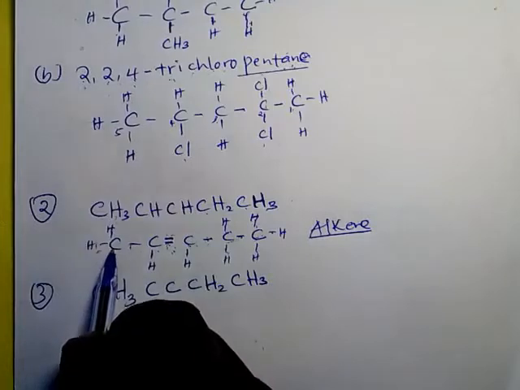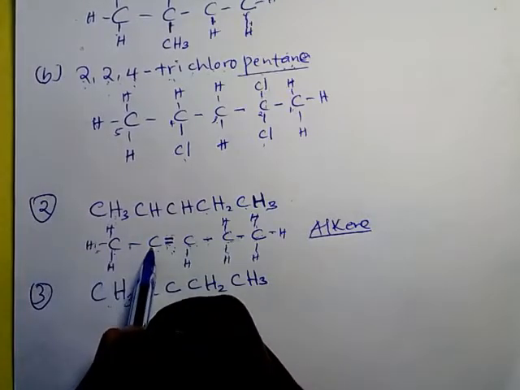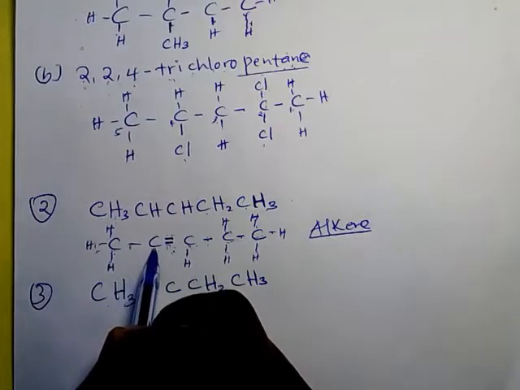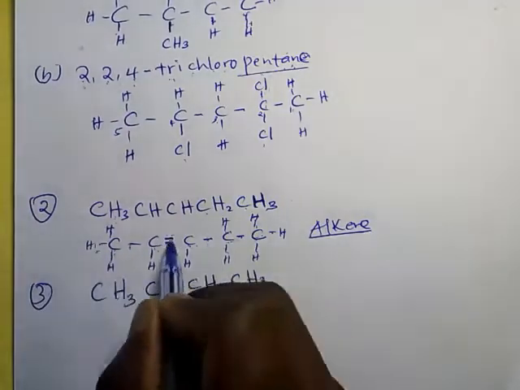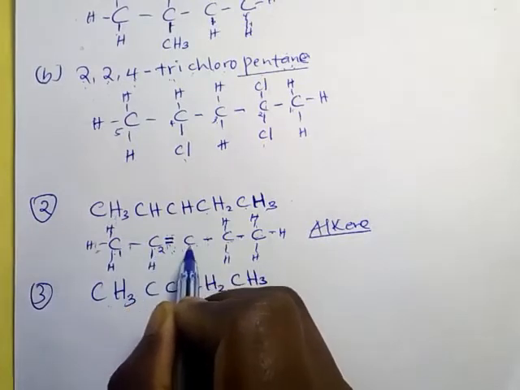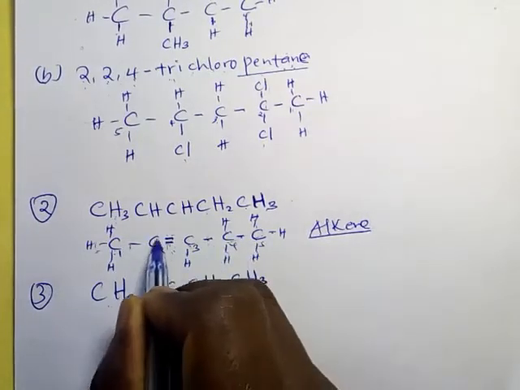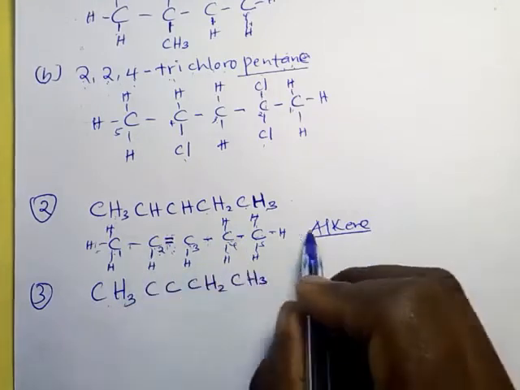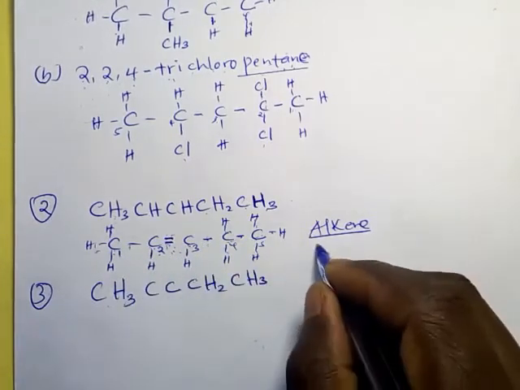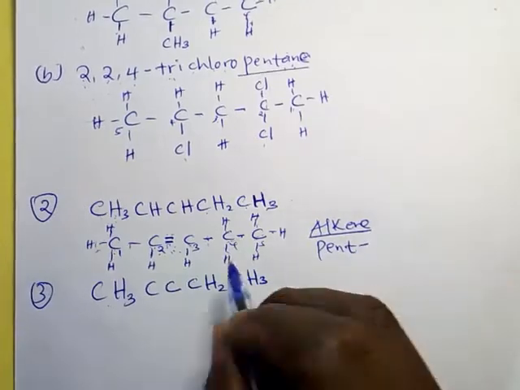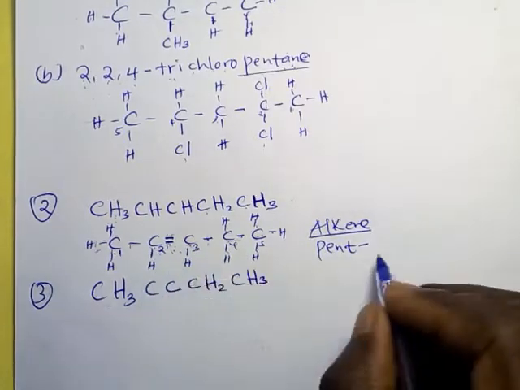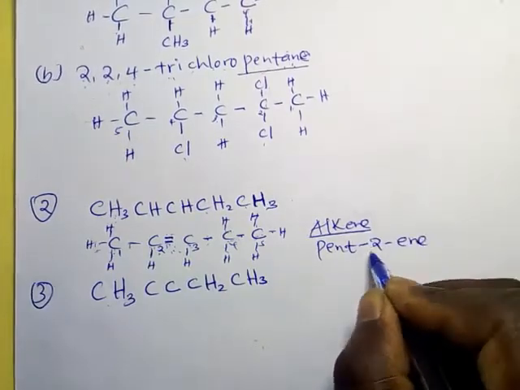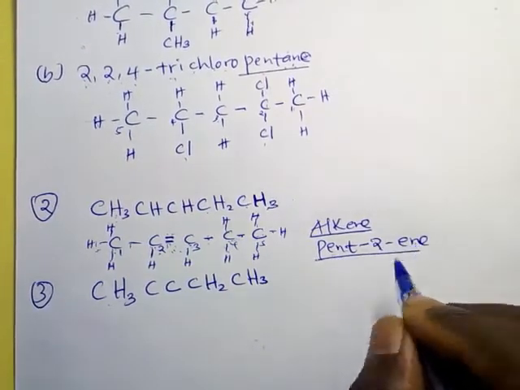But if I start from the other side, 1, 2, I will find my double bond on carbon number 2. Therefore, the correct numbering is to the right, 1, 2, 3, 4, 5, ensuring that you give the functional group the smallest number possible. So now it is a pentene, and the double bond is on carbon number 2, that is 2-pentene. So pent-2-ene.